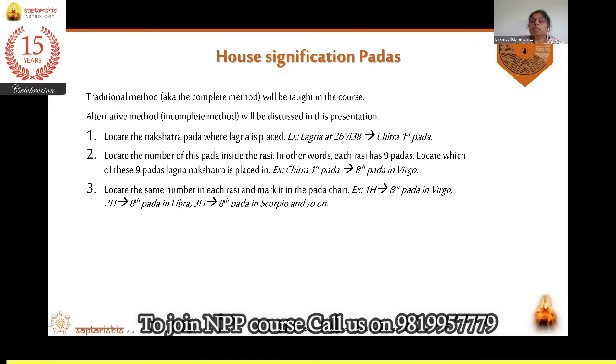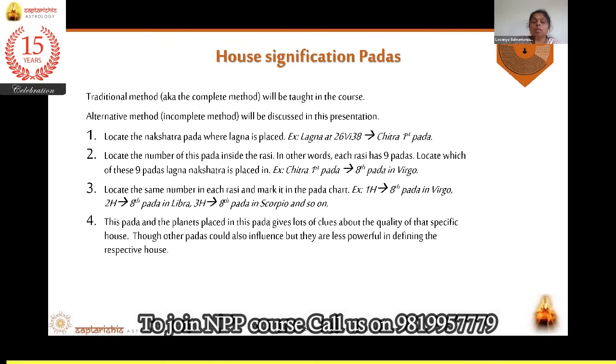In the same way, the 8th pada in Scorpio influences the 3rd house, which is the Jyeshta Nakshatra, 3rd pada. This pada and the planets placed in that pada tell a lot about the quality of that specific house. Though other padas could also influence, they are less powerful in defining the respective houses.